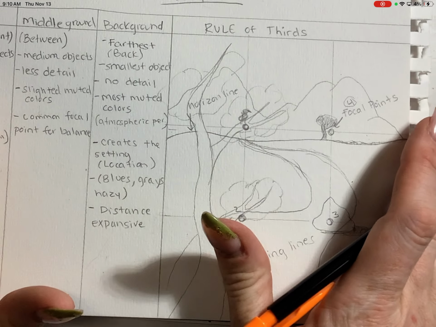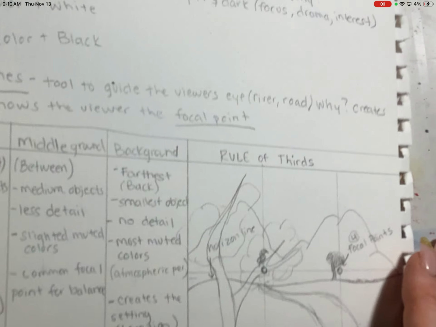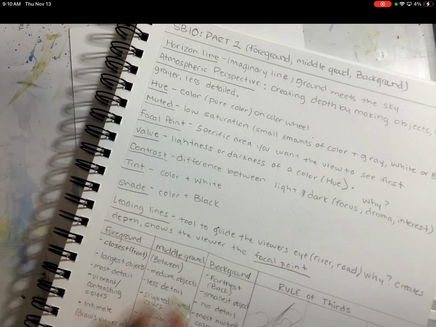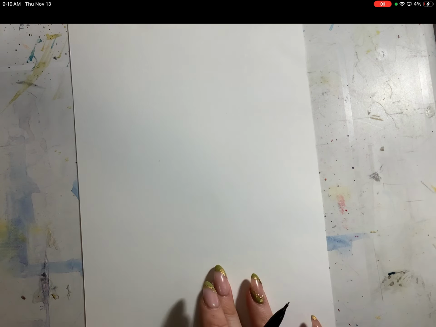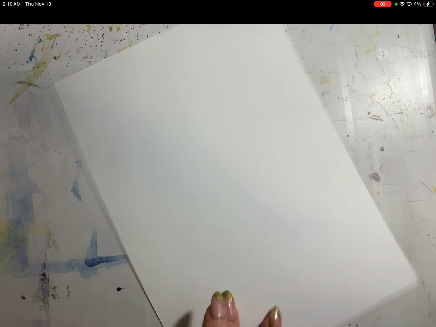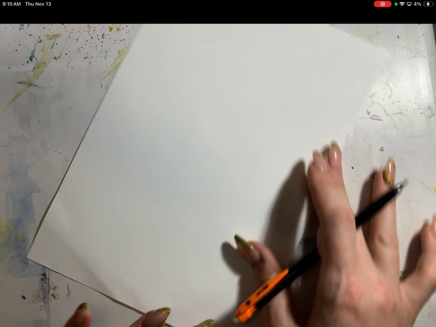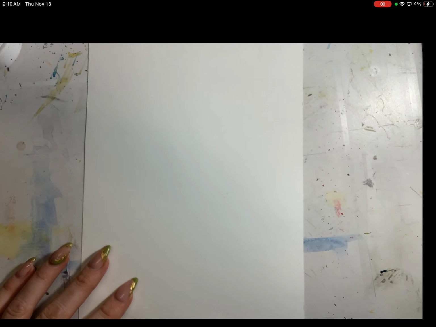All right, we good with this one? Can we move on? Okay. All right, you're gonna pick a new page. It can just be the back. That's fine. I'm using a smaller page just so you guys can actually see it. Will it let me do it this way?